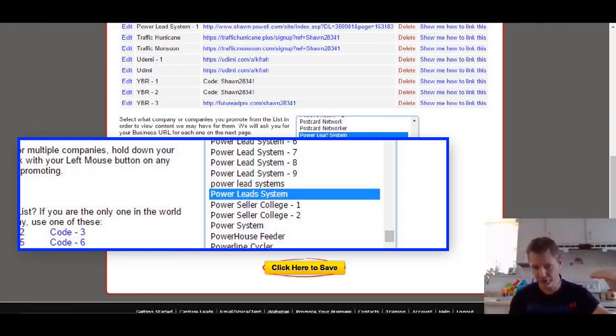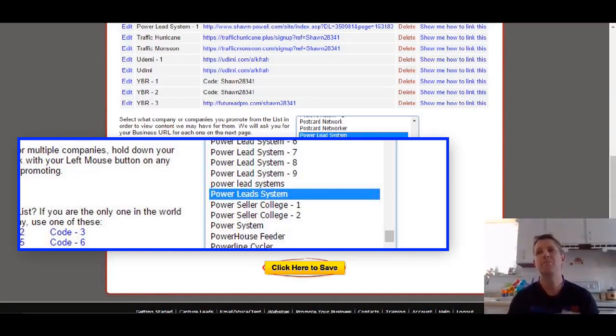This is the funnel itself, and if you pick something else, there's no connector. You see what I'm saying? So all this is hanging up because it's not the same one. Just because it had the same letters but it wasn't the same, it's not the same. Make sure you are picking Power Lead System 100%, and then it's going to connect. And I don't care how much you think, because when I first started, I thought I did it perfect, right? You know, very first share code. I was banging my head against the wall.